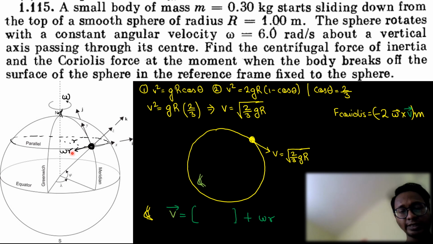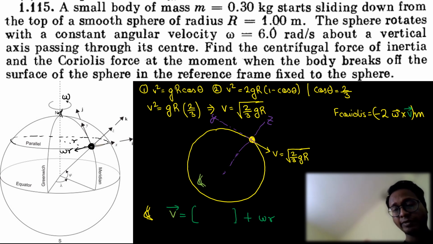And what is this omega r? Opposite to x-axis, where this tangential direction was y-axis. See, the tangential direction is y-axis. The normal to tangent is z-axis, which will pass through the center of the sphere. And this is nothing but x-axis.